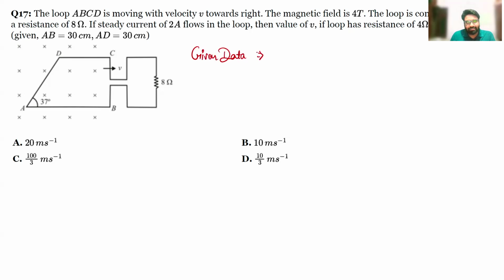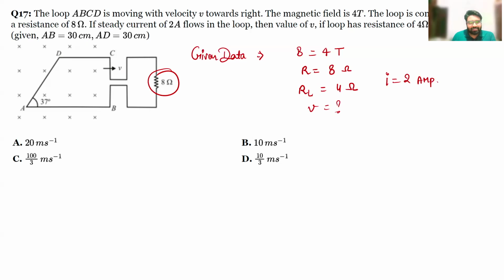Given data here: there is a loop, magnetic field 4 Tesla is given, the resistance connected to the loop is 8 ohm, and the resistance of the loop itself is 4 ohm. Now, velocity V we have to find out. Current is also given as 2 ampere.